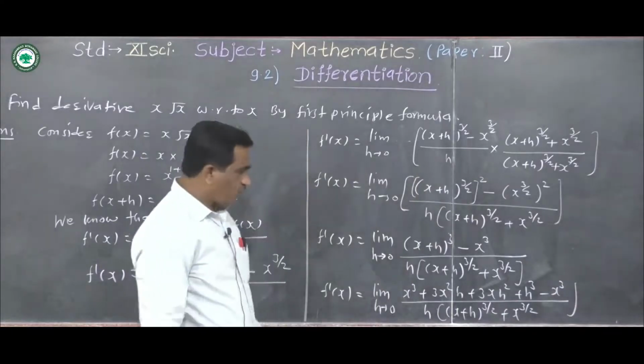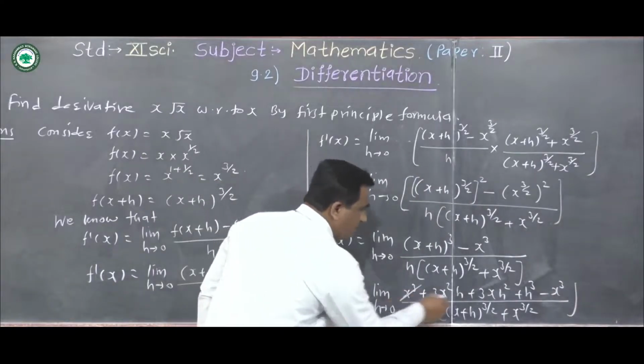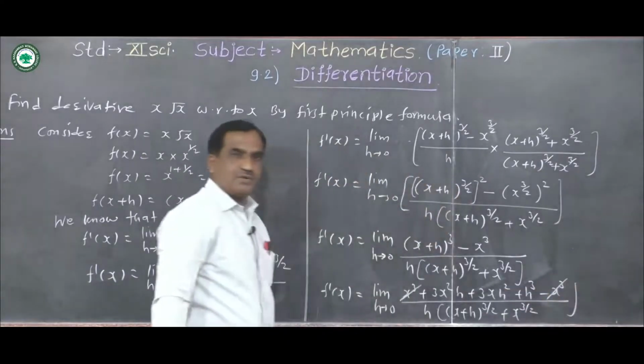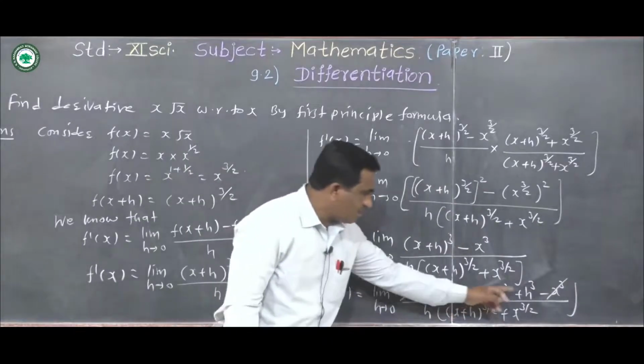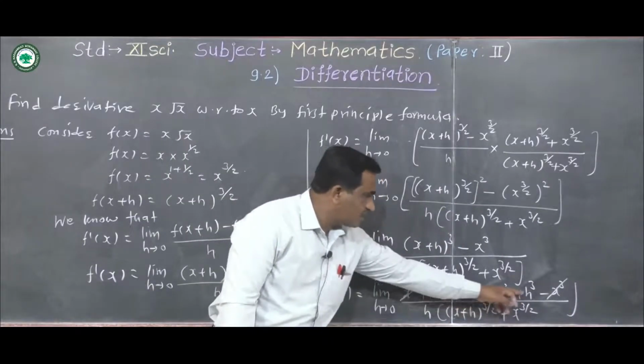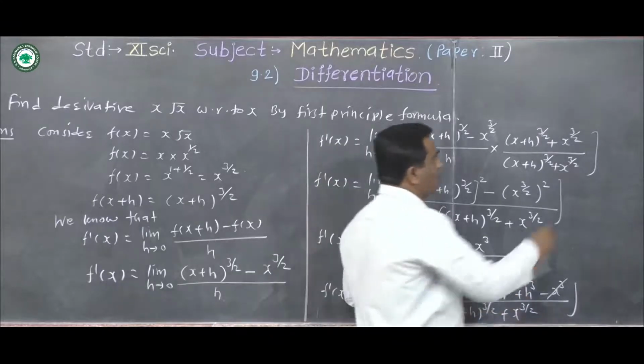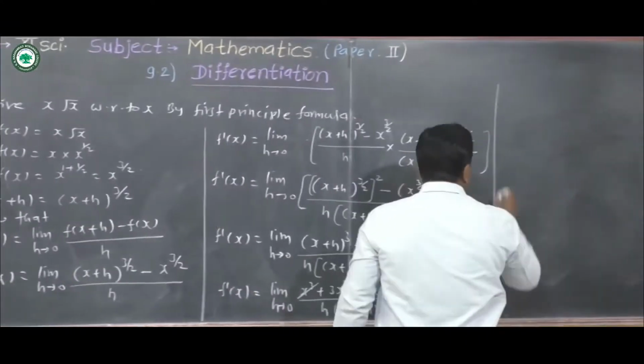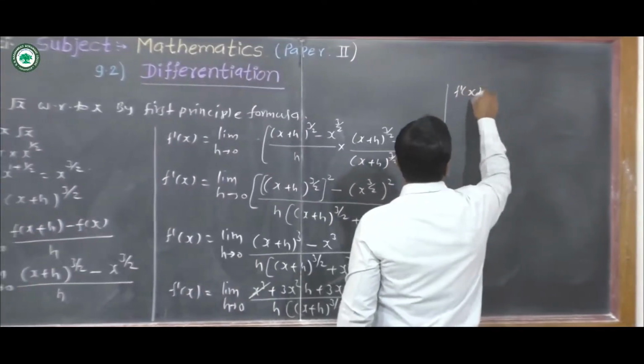Okay, now at the numerator this term x cube minus x cube cancels out. Now only these three terms remain.